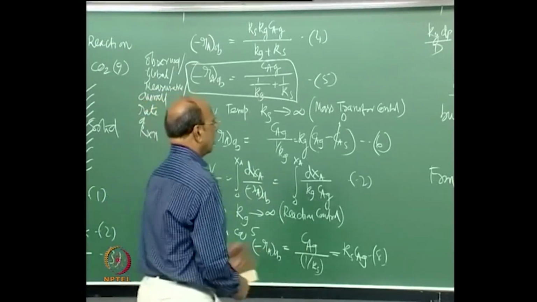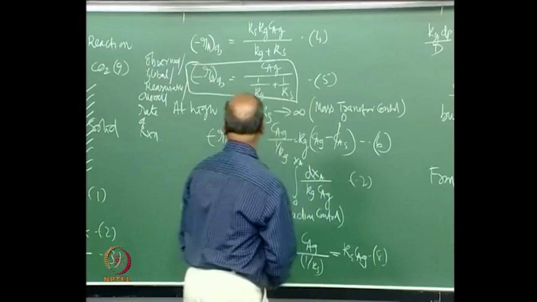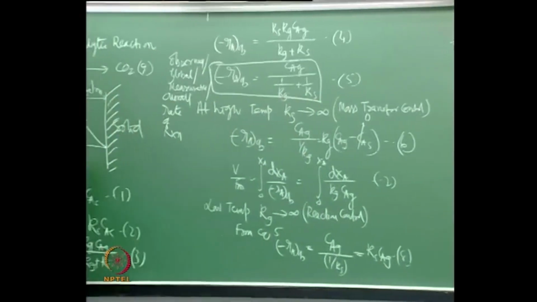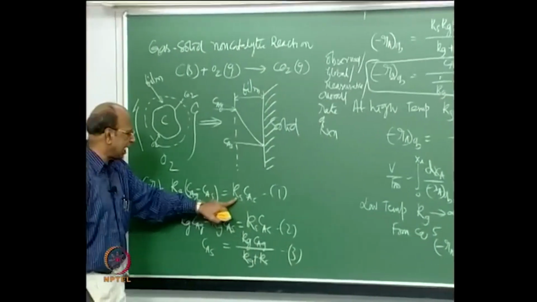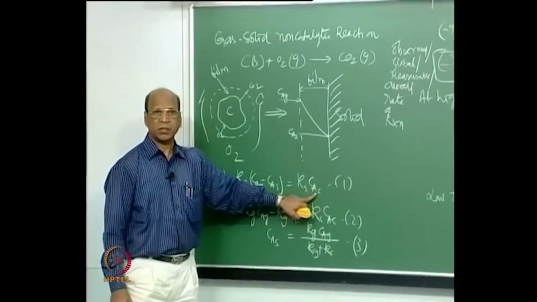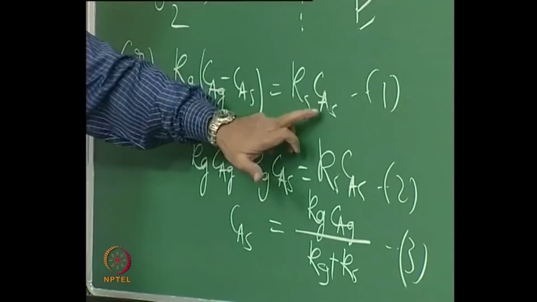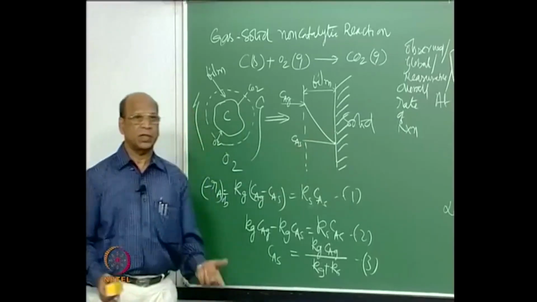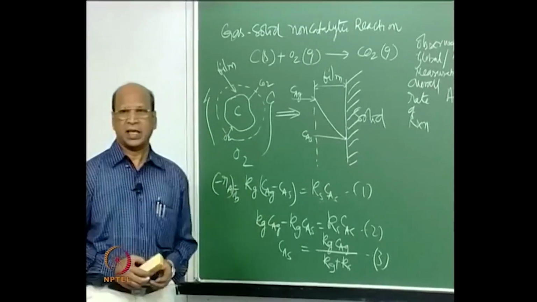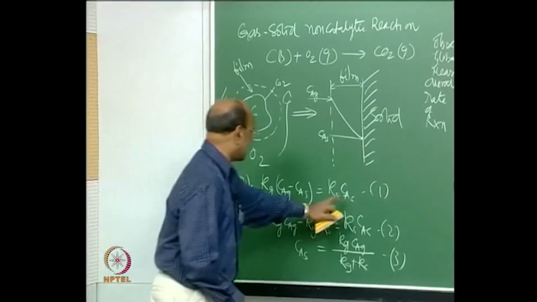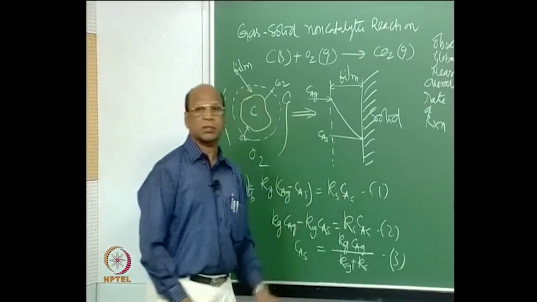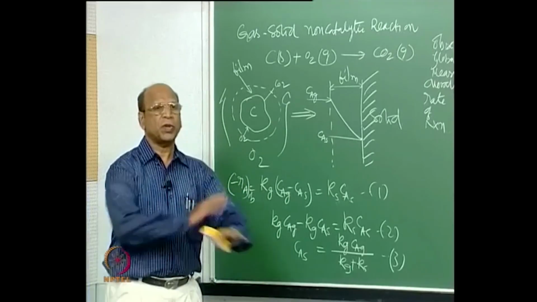Good. So now you can see what I have assumed here in equation 1 is K s and C A s. It need not be. Here I have taken the reaction on the surface as a first order reaction. The moment I change it to a second order reaction, everything will change.